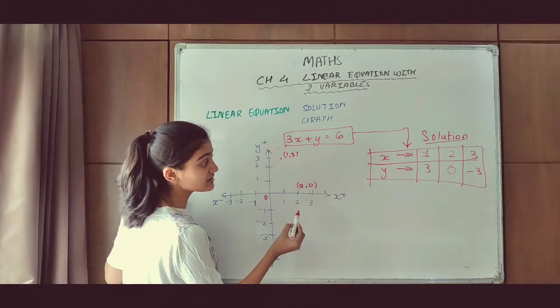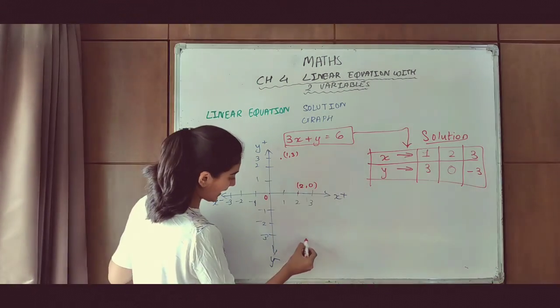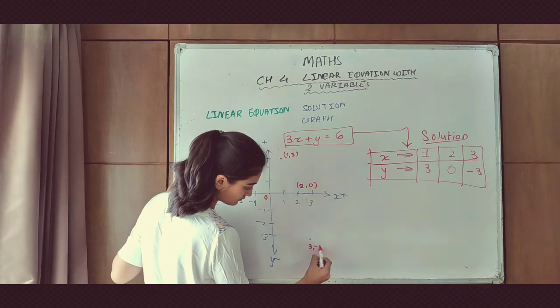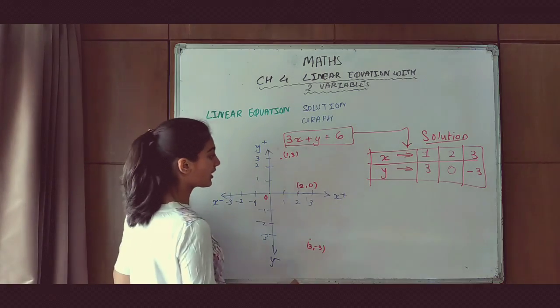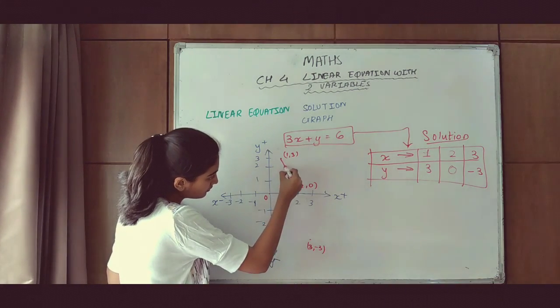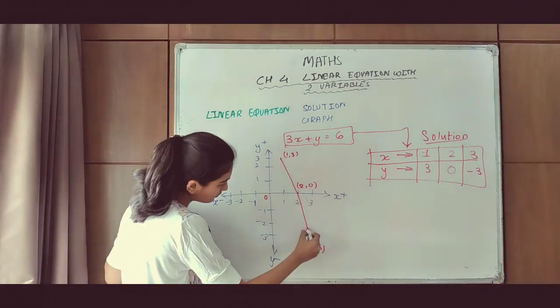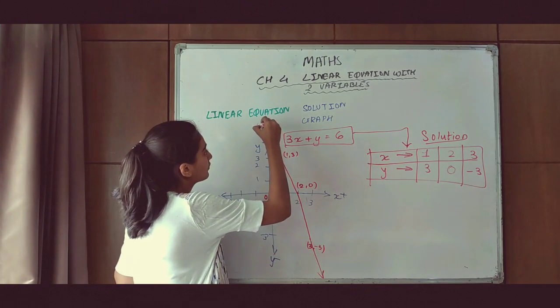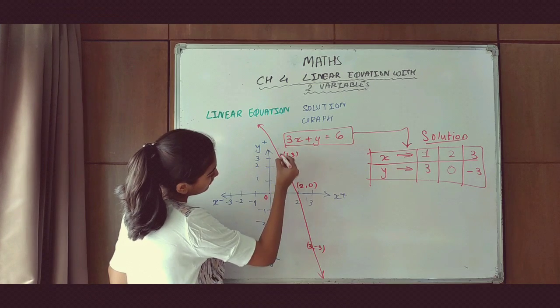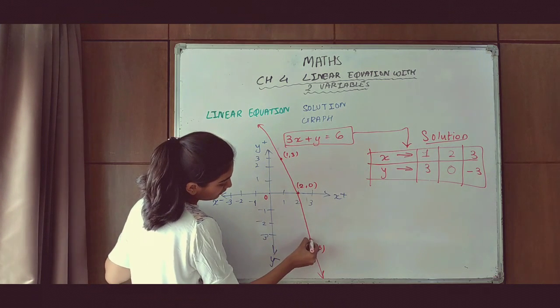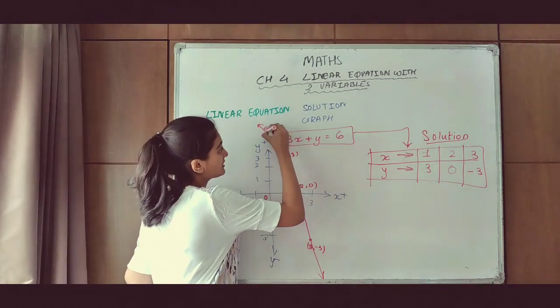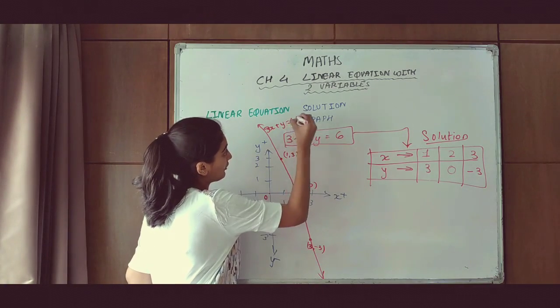And the third point is 3, minus 3. Okay, so this is how we can plot the numbers on the graph. Now we got the graph of this equation.